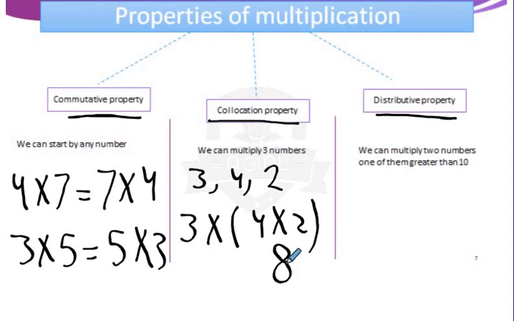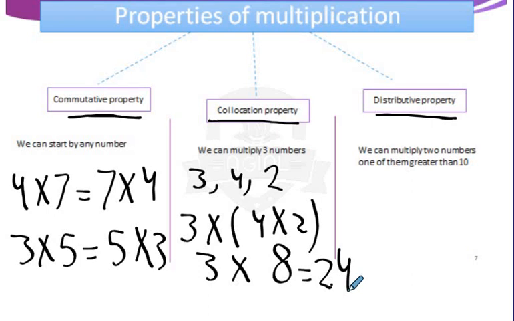Excellent, equals 8. So 3 multiply 8 equals what? Excellent, equals 24. So we use it when we want to multiply 3 numbers. We use grouping property.